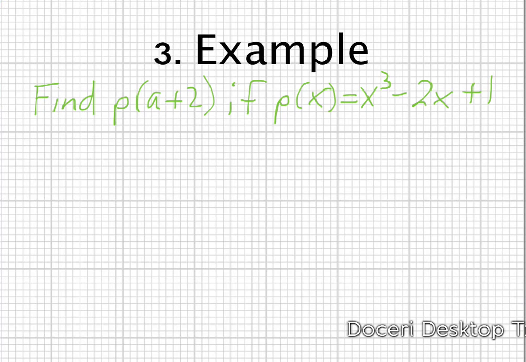So I want to find what this is going to equal. It's going to be a new polynomial. Okay, but all I have to do is substitute in a plus 2 for x. So everywhere I have x now, I'm going to have a plus 2. So this means I have a plus 2 here for x cubed. I have a plus 2 here for negative 2x.